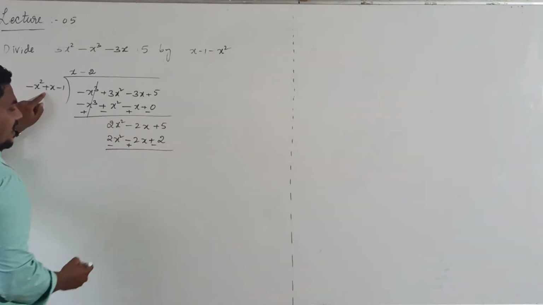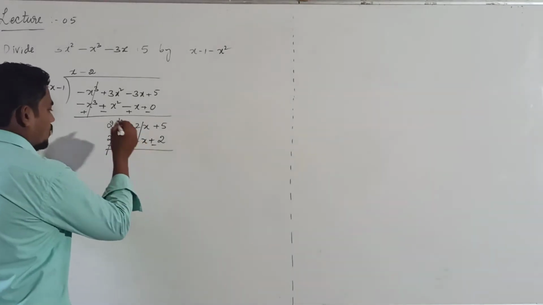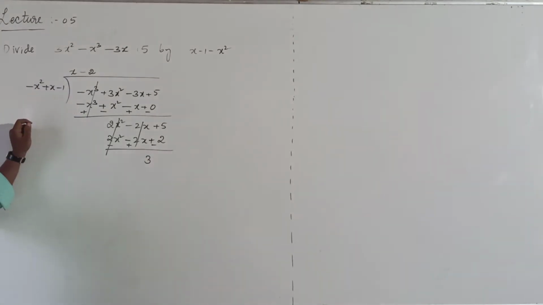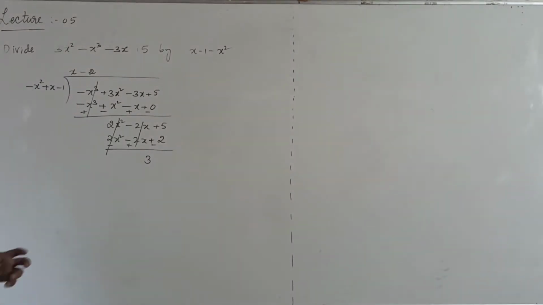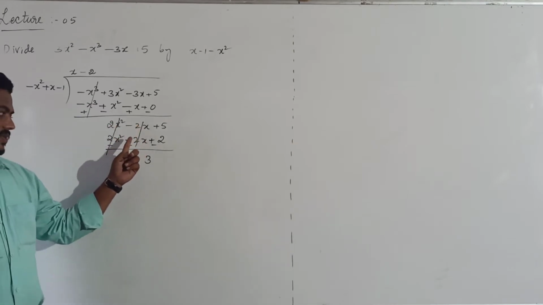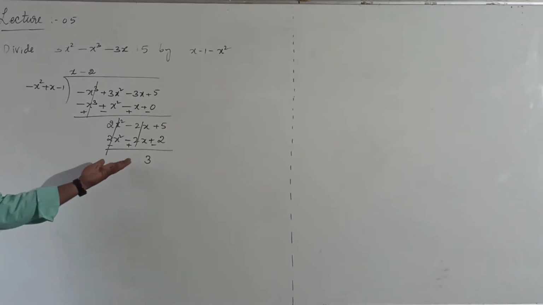These two terms will get cancelled. We get 3: 5 minus 2 is 3.